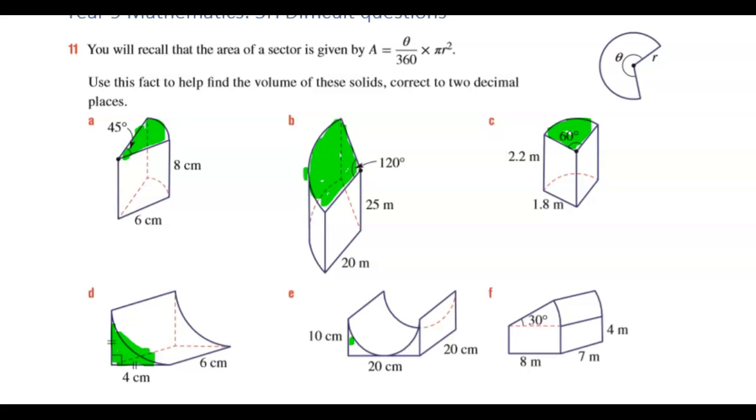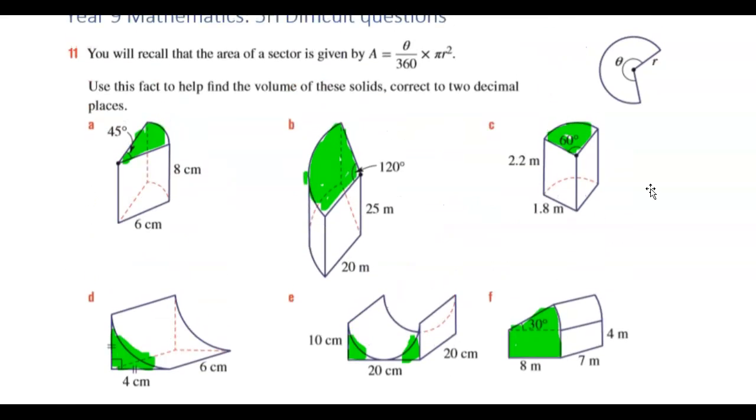And then a similar part is going to apply here. And then our last question, your constant cross section is going to be the rectangular part on the bottom and then the sector on the top. So in this video, we're just going to cover those 6 questions. All right, so let's get started.